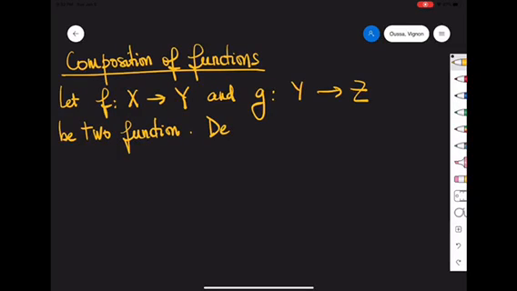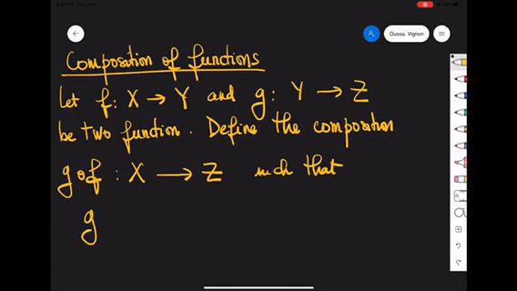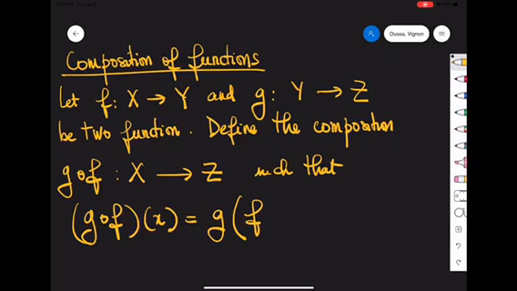We define the composition function, g composed with f, to be the function which is mapping X into Z such that when we write g composed with f, I have to tell you what it does to an element little x. It's going to be g of f of x for all little x in X.